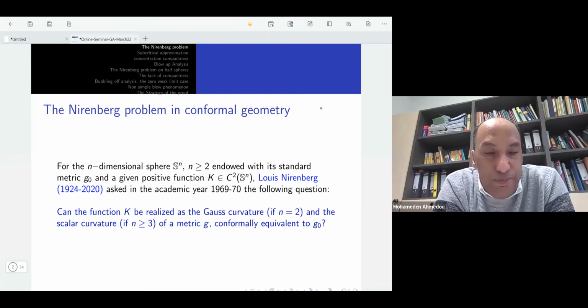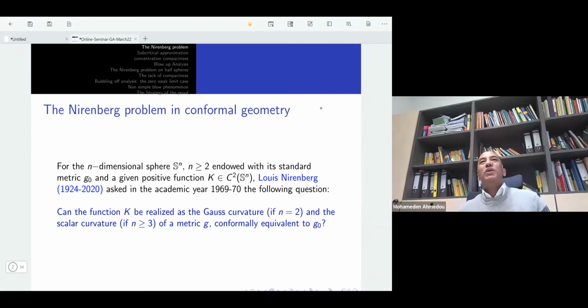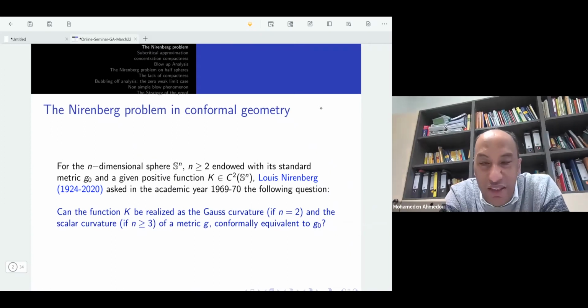Everything started with an equation raised by Louis Nirenberg in the academic year 1969, 1970.